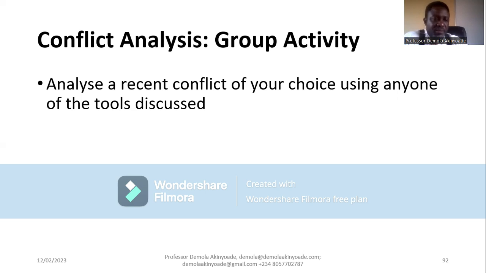Do you understand? Yes, I do. So if that conflict you just talked about is the one you chose for your course activity, then you need to look out for those other elements before you submit.